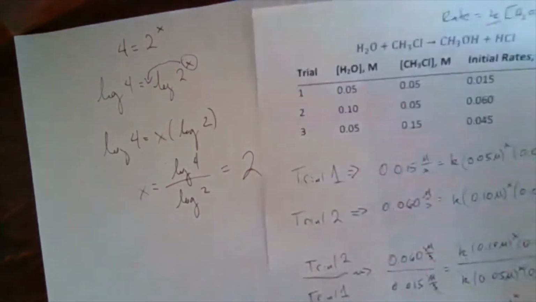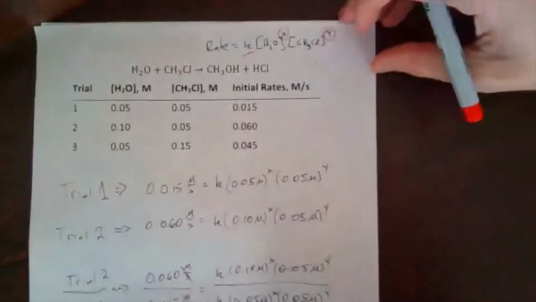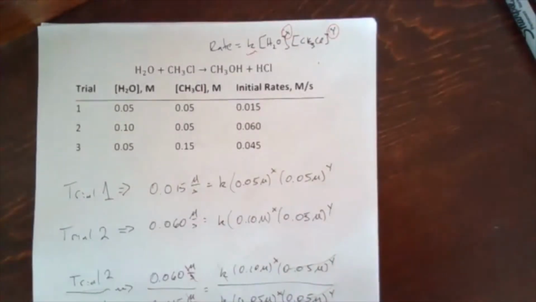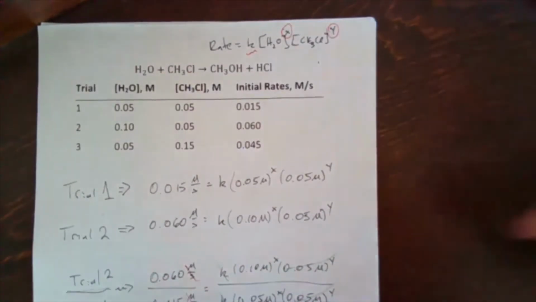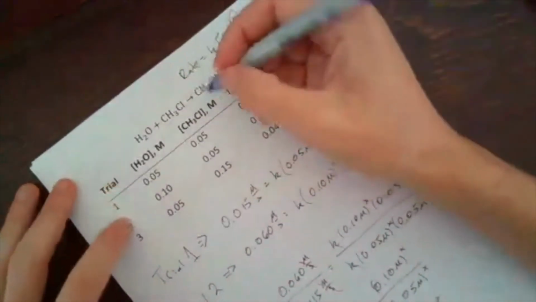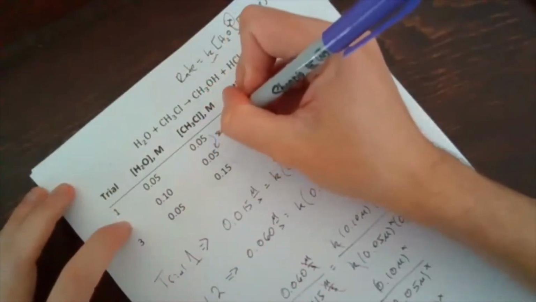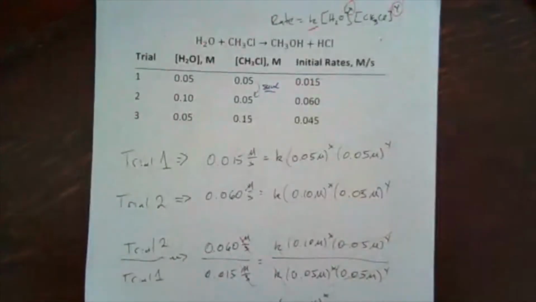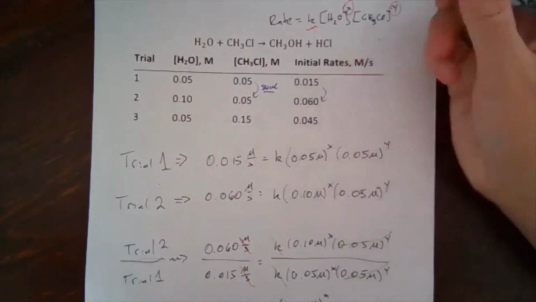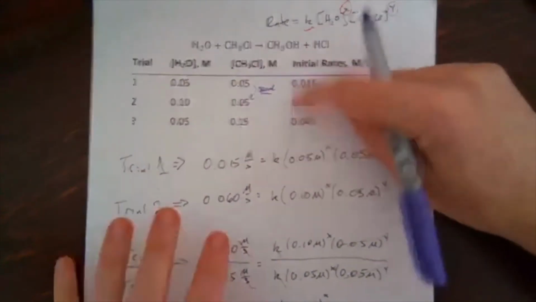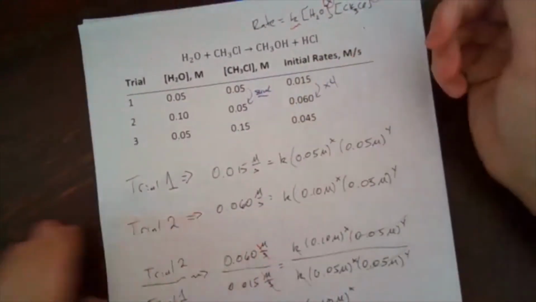Which is good to know. If we return to our original results, we can see where this comes from. If we look between trial 1 and trial 2, these two values are the same, right? Because those are the same, that means that is not affecting the rate. Any change in rate is not based off the change in the concentration of CH3Cl. It's contributing to the rate overall, but it's not contributing to this change. And this change, 0.05 to 0.06, is times 4.